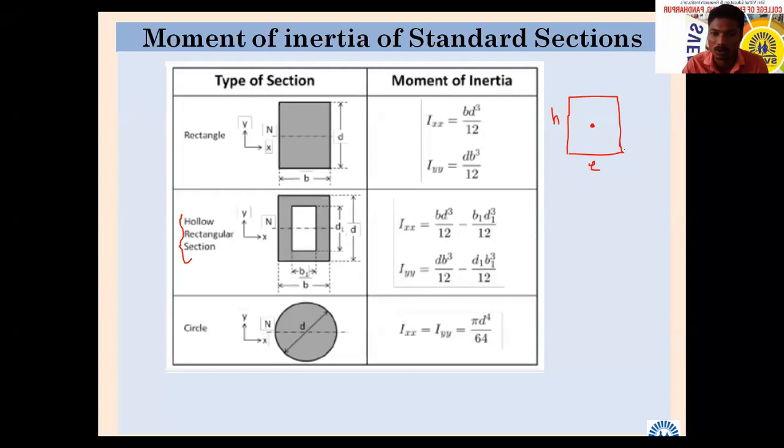At what distance is the centroid lying? What will be this distance? First, L by 2 and H by 2. Here L by 2, here H by 2.